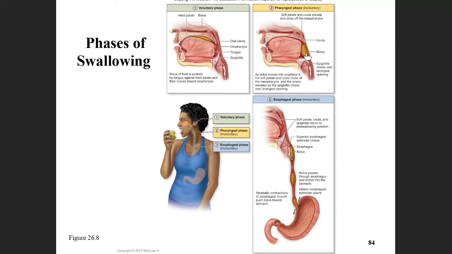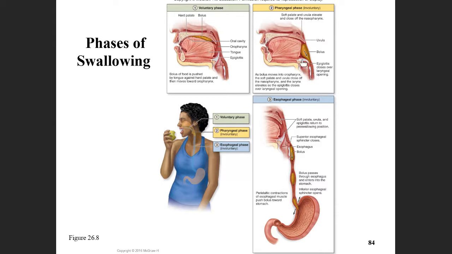The tactile receptors in the pharynx become stimulated, and at that time, the uvula goes up and closes the entrance of our nasal cavity, so the bolus cannot go to the nose. Then the bolus comes to the oropharynx and comes down. When it comes down, it has two ways. One of them is the trachea and the other one is the esophagus.